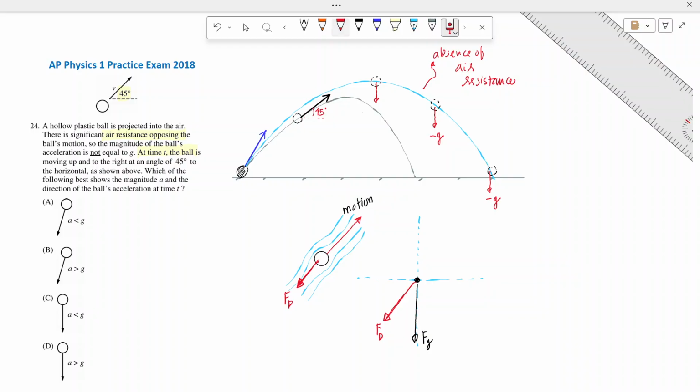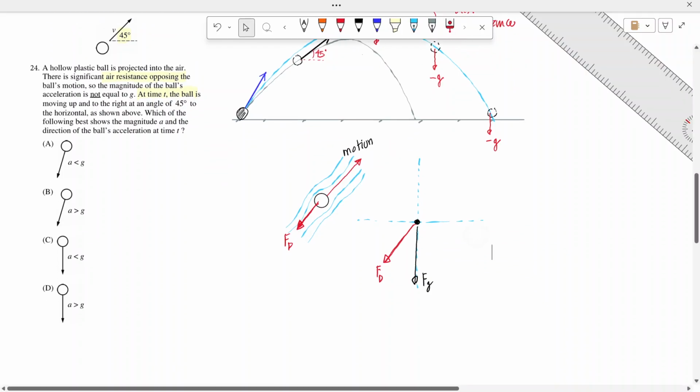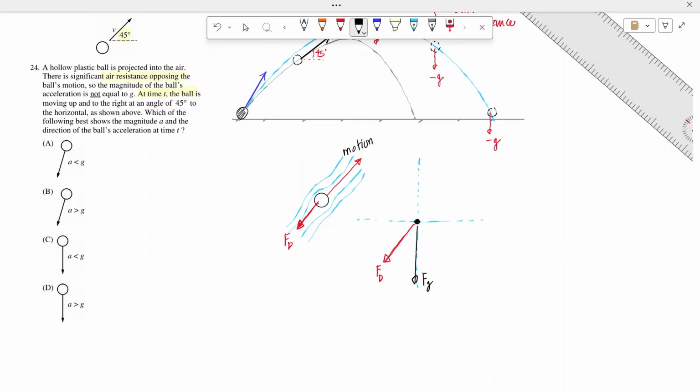So I hope you understand that the resultant acceleration and the resultant force that we will get is a sum of these two forces. Okay, so what is the resultant of these two forces? That will be diagonally between them, right? So this is what we can say, the resultant force, F net.